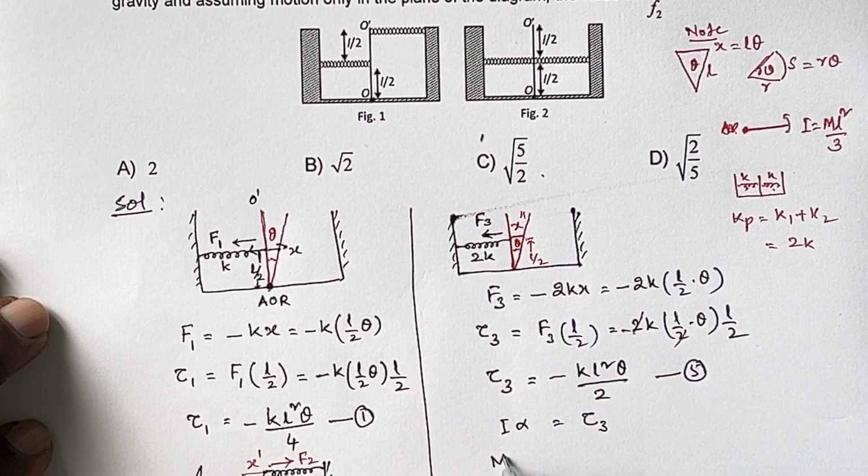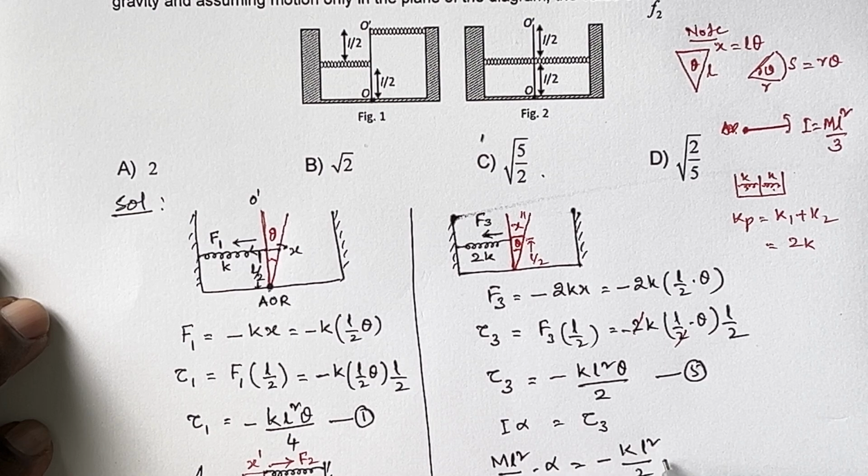So I will write here mL squared by 3 into alpha is equal to minus kL squared by 2 into theta. So L squared cancels. Then alpha is equal to minus k by m, 3 by 2 into theta. This is equation 6.